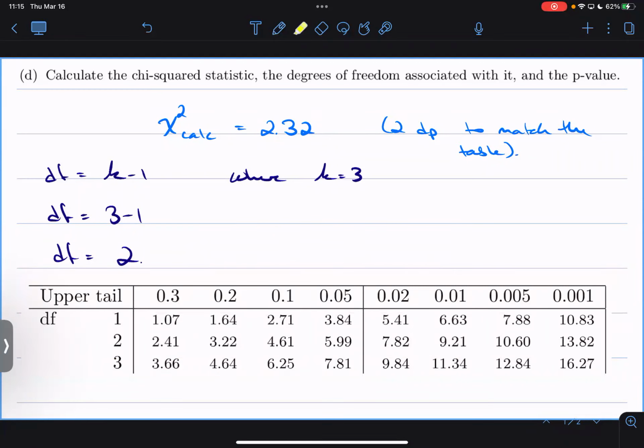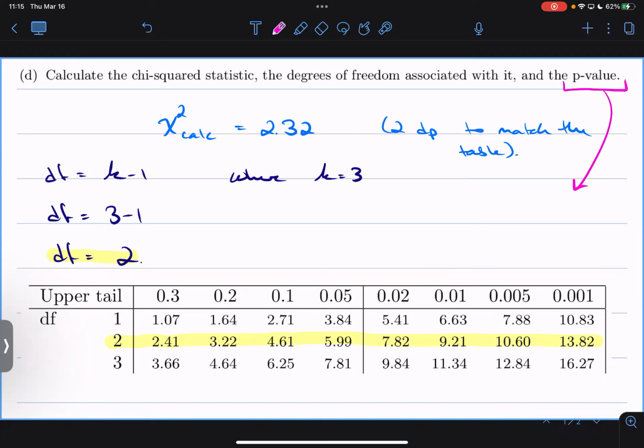So we have 2 degrees of freedom. And now for our p-value, the p-value is what we're going to find here.